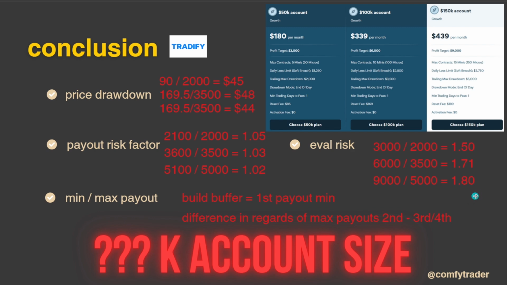If you are a trader who scalps for a couple of points with maximum contract size, you have to look at the max contracts you are able to use with the account. So that's also another main part. But in my personal opinion, I would choose the 100 or 50k account.